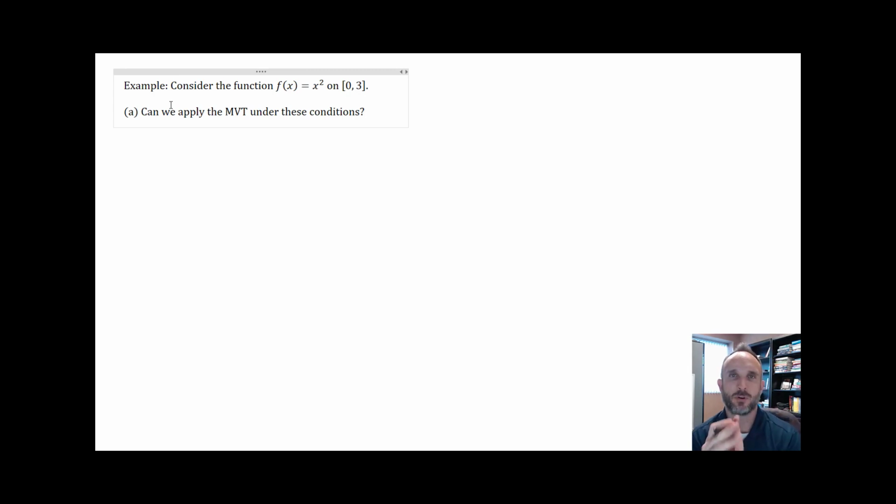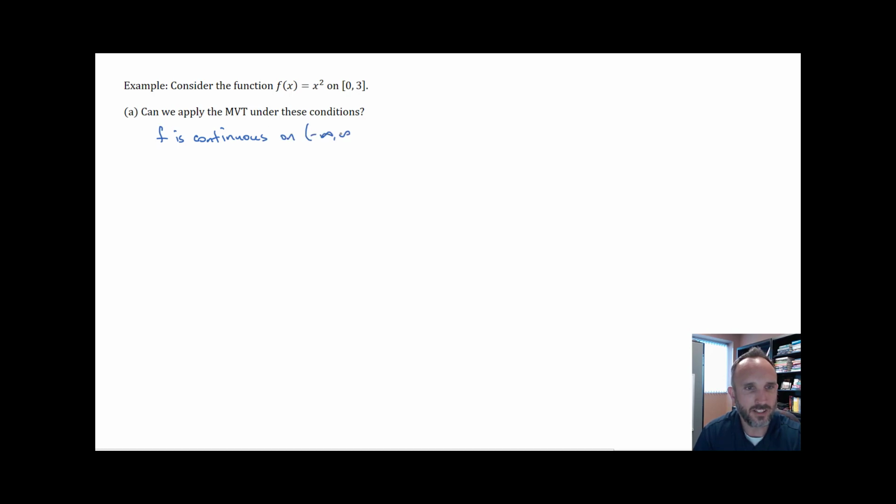And remember, to use the mean value theorem, you just need a continuous function on the closed interval. Well, we know f of x equals x squared, since it's a polynomial, it's continuous from negative infinity to infinity. So f is continuous on the interval from negative infinity to infinity.